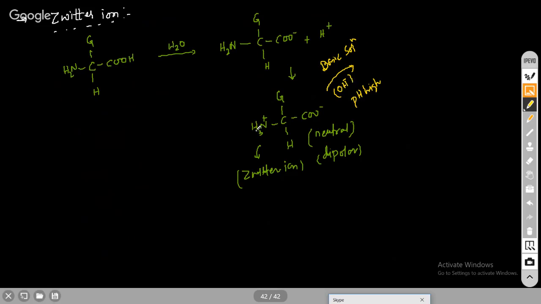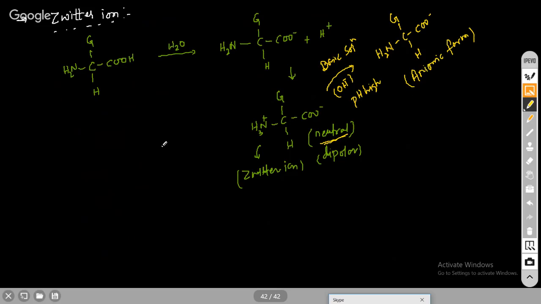So this OH minus will take this H plus ion and form H2O. The molecule we get here is H2N-C-COO minus, with G as it is and H here. Now the neutral nature is not possible in the solution, and this is not a deuterion because deuterion is always neutral. OH minus takes this H plus and we have a negative charge. This we call the anionic form of deuterion because we have one negative charge.